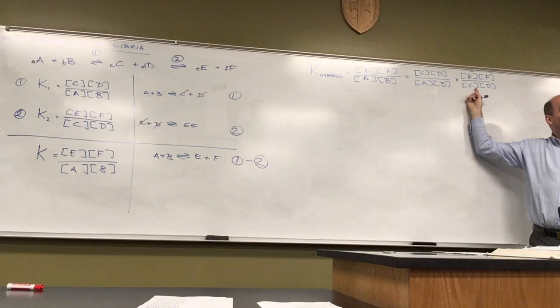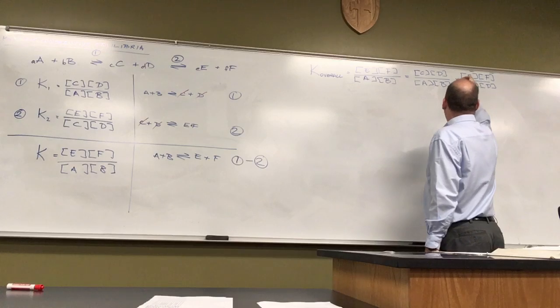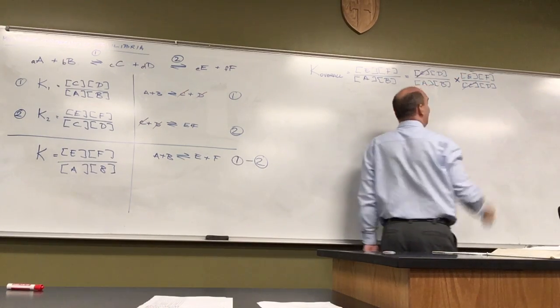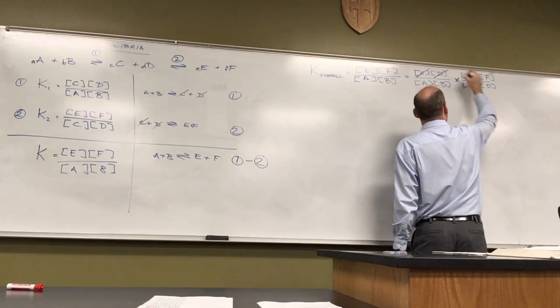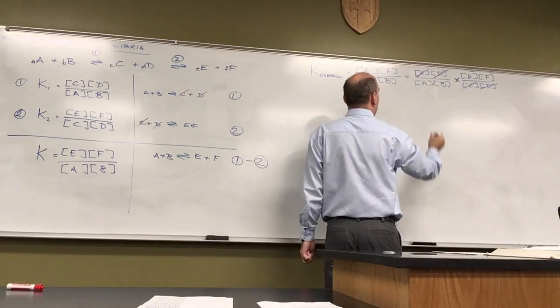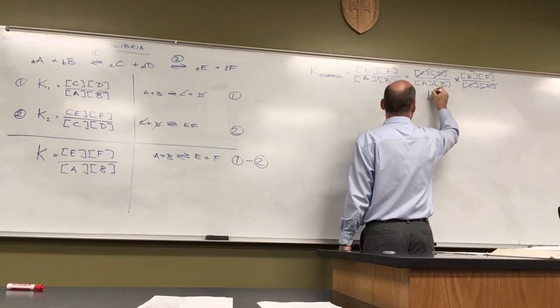But I can make them go away by multiplying them. If that is a multiplier right there, then that C and that C cancel each other out. And that D and that D cancel each other out. And this is, which way did I write that? D?